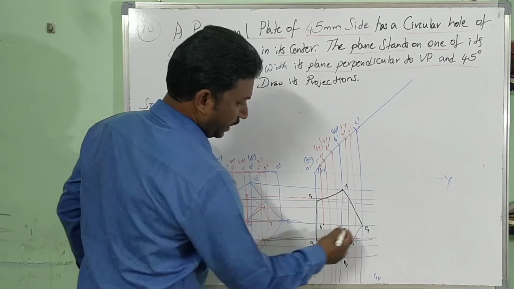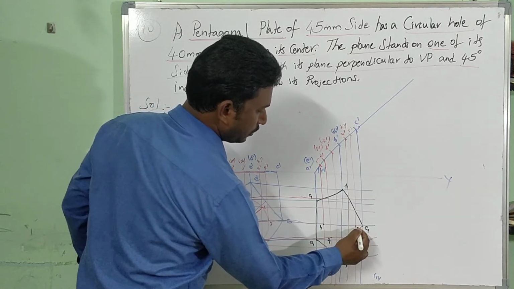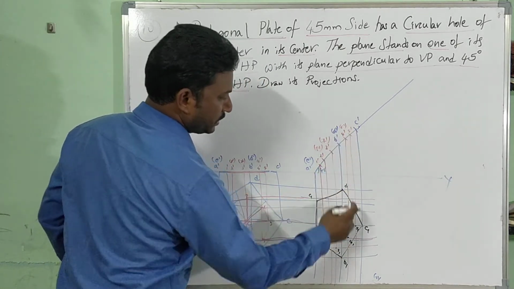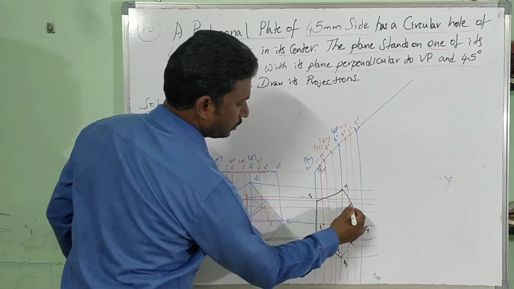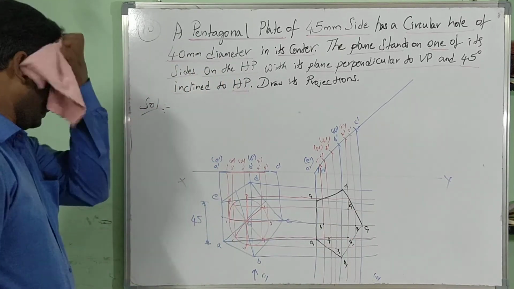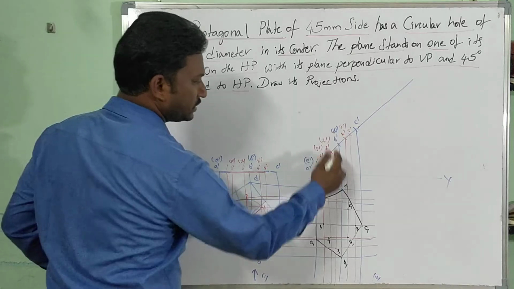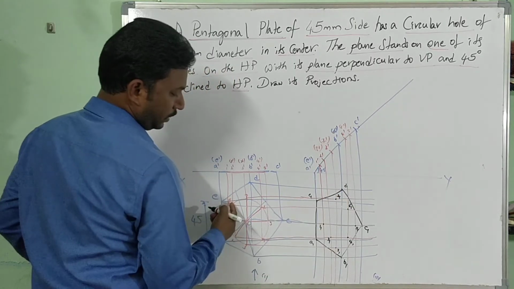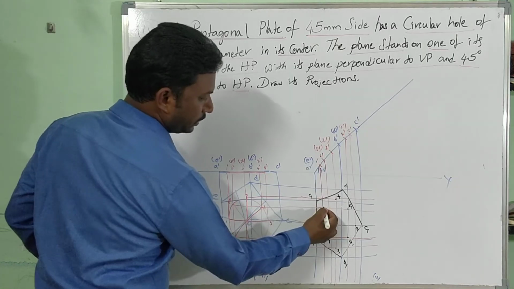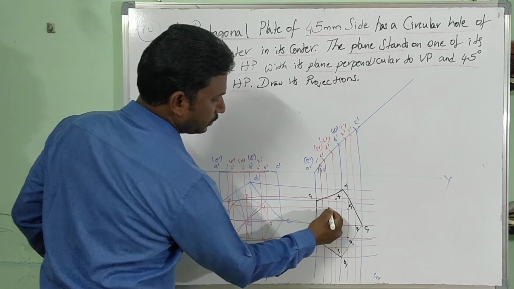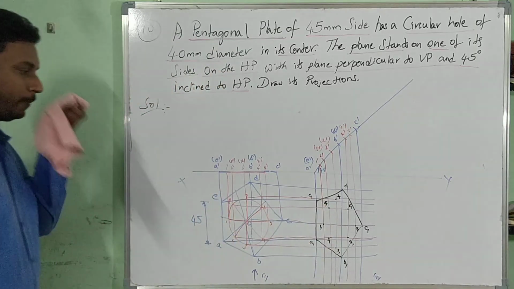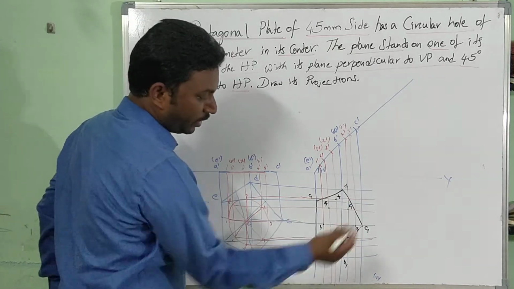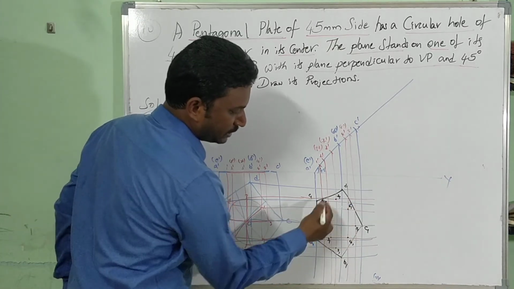Sorry, 5 horizontal, 5 vertical, 5, 1. 6 horizontal, 6 vertical, 6, 1. 7th horizontal, 7th vertical, 7, 1. 8th horizontal, 8th vertical, 8, 1. Hope you all are seeing the points. 8 points: 1, 1, 2, 1, 3, 1, 4, 1, 5, 1, 6, 1, 7, 1, 8, 1.